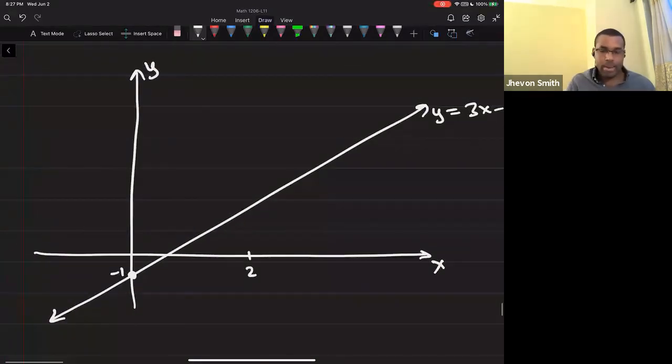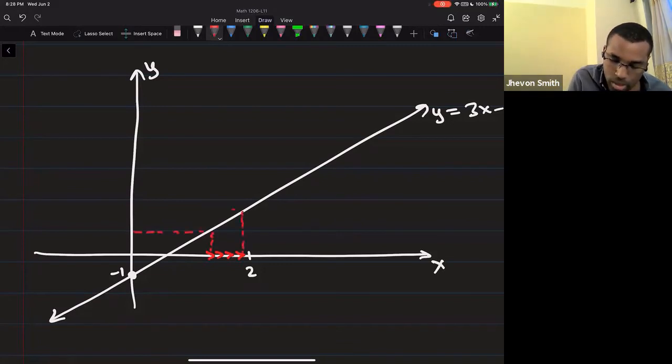So now, all right, let's say I'm getting close to 2 over here. Now what I care about is the corresponding y values that these would give me. So I'm really tracking what's going on over here.